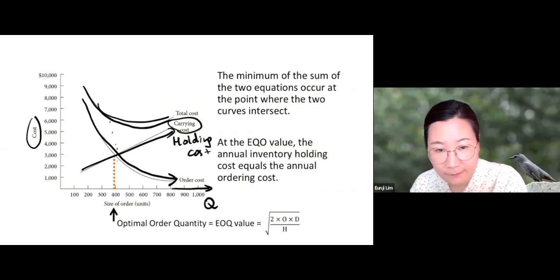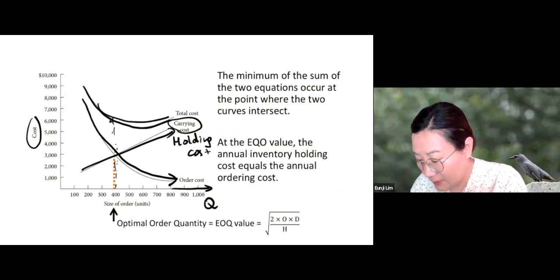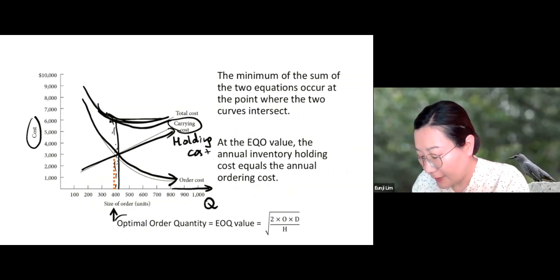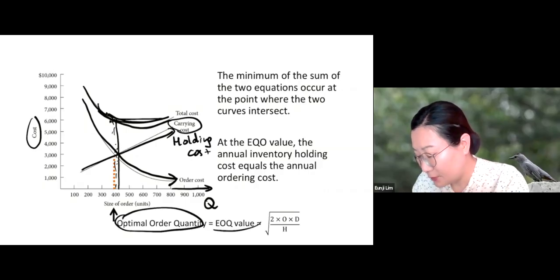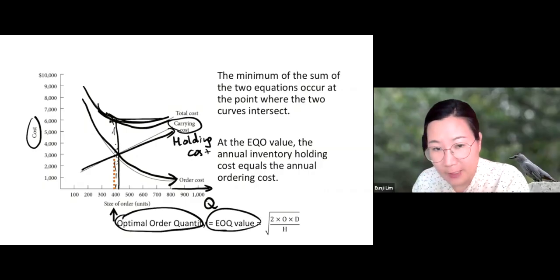And here are some facts about this. The quantity that minimizes the total cost is called the optimal order quantity, which is the EOQ value. And here is some fact about the graph.